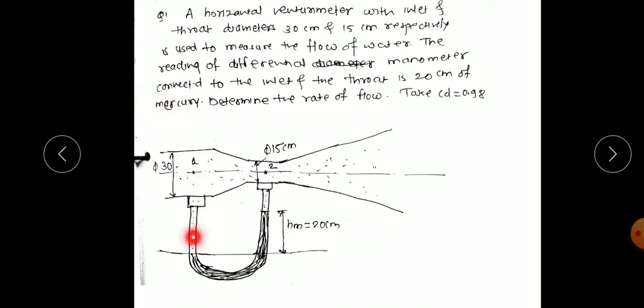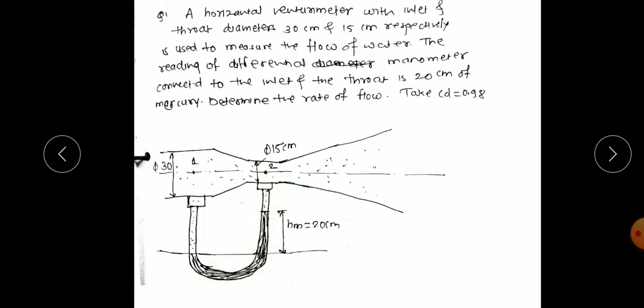So the differential manometer is connected, and the level difference between the two mercury levels is 20 centimeter, connected to the inlet and the throat.